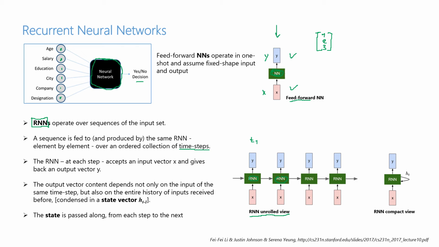So here we have T1, and then the next step is T2, and then T3, and so on. And for each time step, we provide an input, which will be X1, X2, X3, and so on, and which may optionally expect an output from the network.